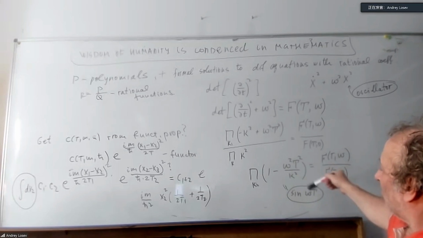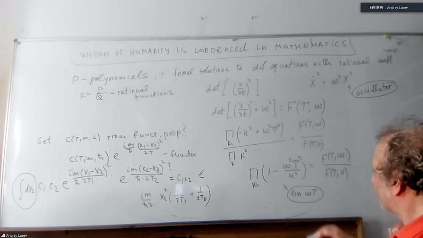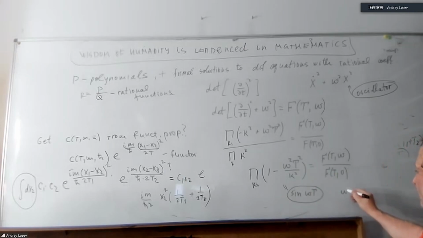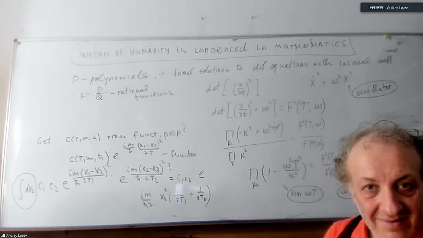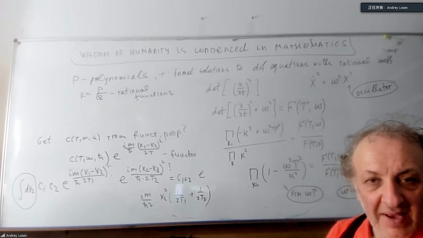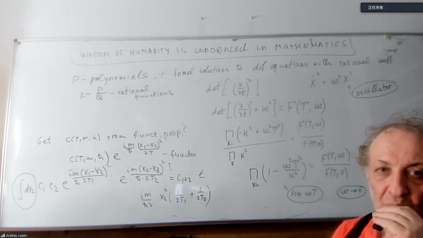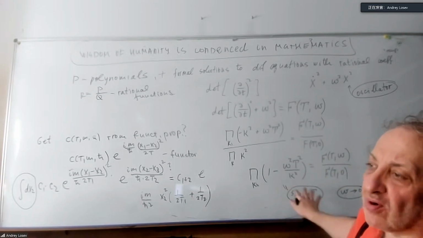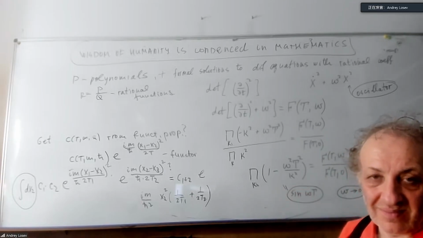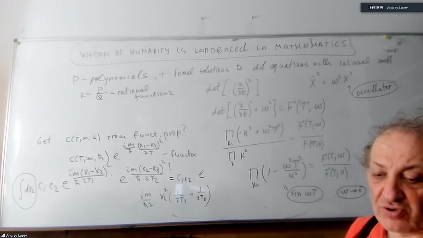And when you understand that it is sine, later on you can take omega and tend it to 0, and you will get exactly this linear dependence in t. And we will talk about it later on. So this is one way to understand what is going on.